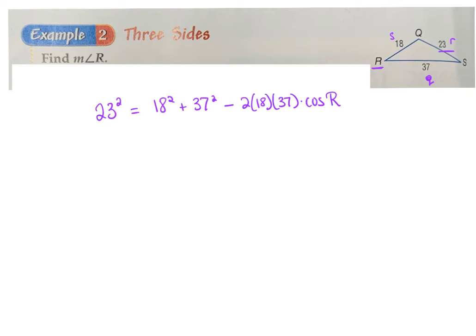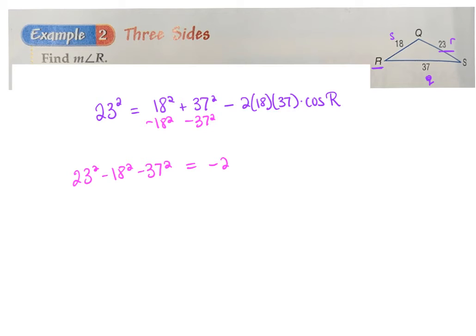Now, I am solving for R, which is buried deep into my formula here. So I need to do some basic algebra skills to get R by itself, all right? So I'm going to do like I would have done in algebra. I'm going to subtract my 18 squared and my 37 squared, right? And I'm going to do that from both sides. So I'll have 23 squared minus 18 squared minus 37 squared.